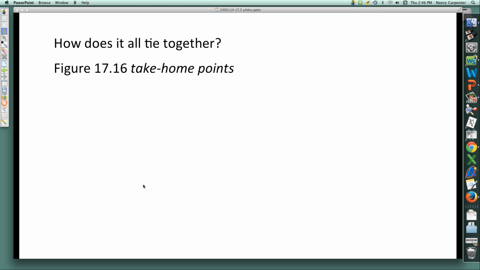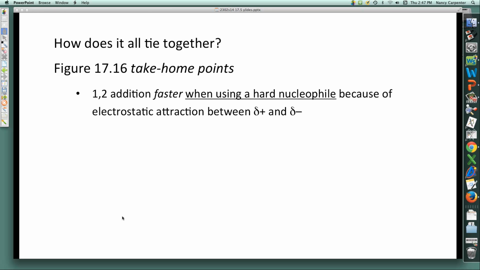So I want you to go ahead and give it a stab, but these are the important points that I want you to take home from figure 17.16. Alright, first of all, Conjugate makes a point of saying that 1,2 addition is faster, leading to the kinetic product.